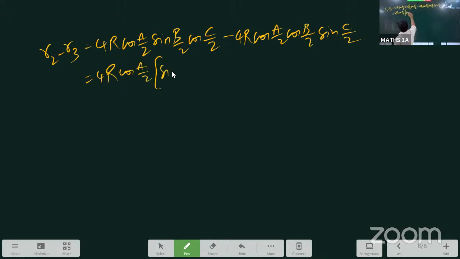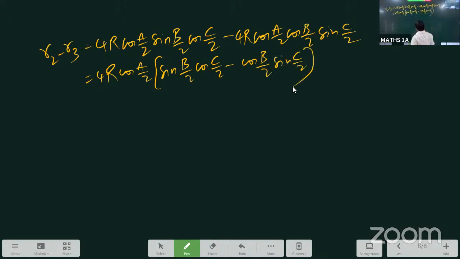Then what am I going to get? Sin B by 2, cos C by 2 minus cos B by 2, sin C by 2. Is it clear?